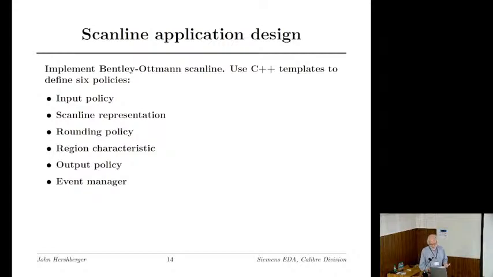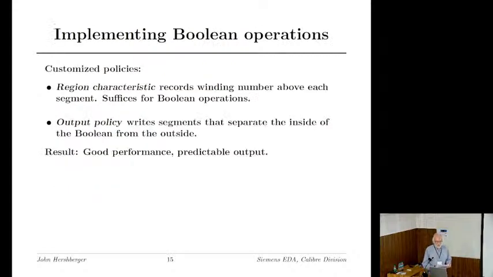So, okay, this is all very abstract. Let's talk about implementation of the Boolean operations, how it fits into this framework. We only need to customize 2 policies, namely the region characteristic and the output policy.